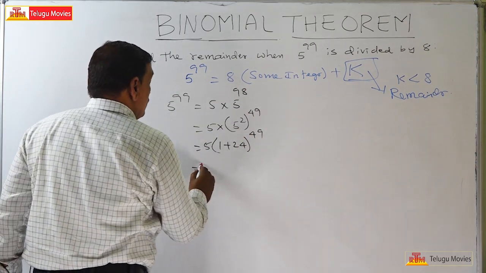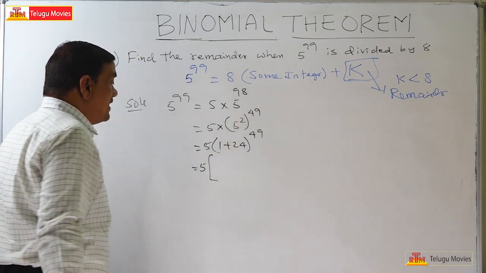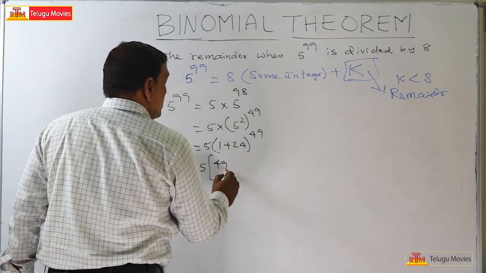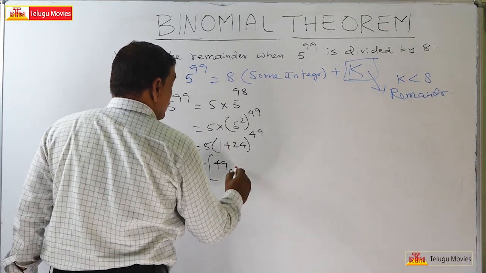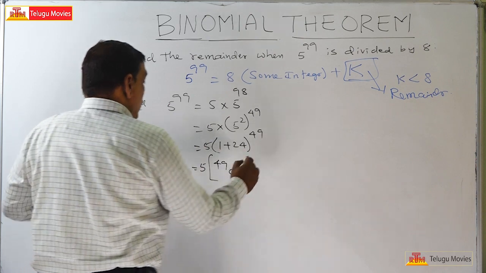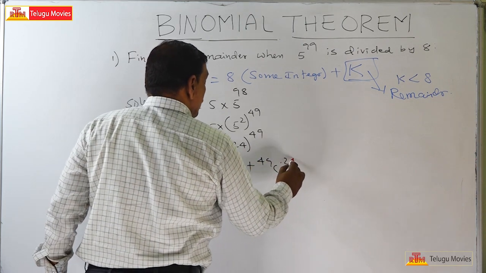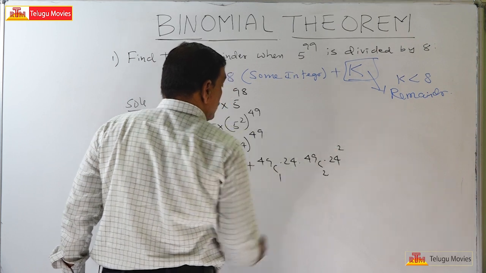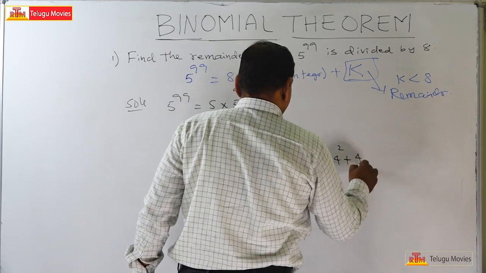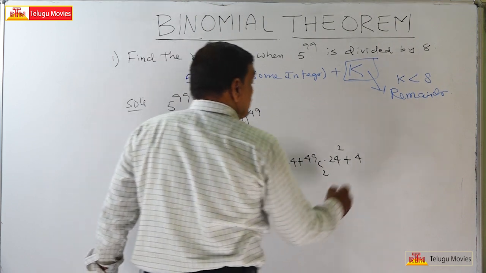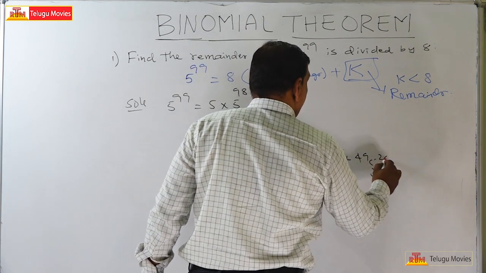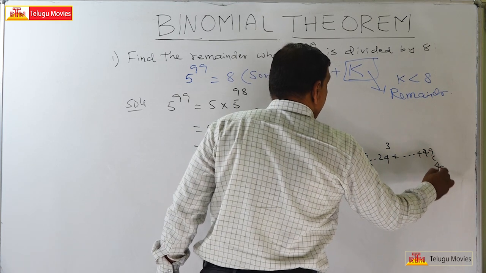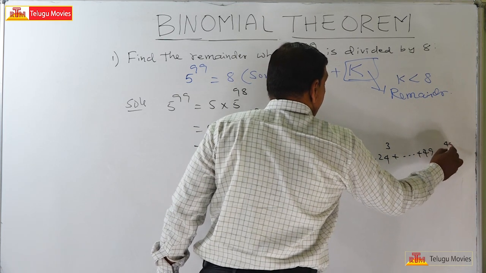So this is equal to 5 into (1 plus 24) whole to the power of 49. Expanding, this is 49C0 into 1 plus 49C1 into 24, plus 49C2 into 24 whole square, plus 49C3 into 24 whole cube, and so on, the last term 49C49 into 24 to the power of 49.